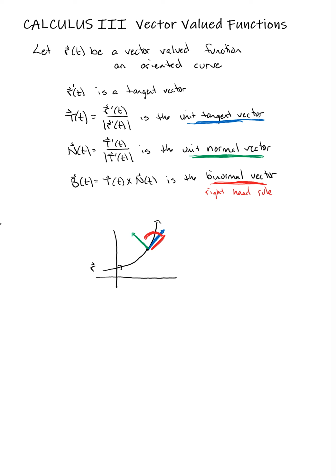And then your thumb gives you the direction of b. In this case, that would be coming straight out of the page at us. So the binormal vector is pointing in the direction towards us.